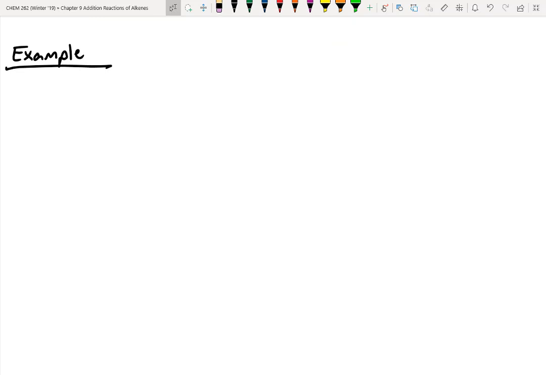Okay, so let's try this example. And I'm going to label all of my substituents carefully. I've got a methyl group, I've got a methyl group, I've got an ethyl group. And what I want to do is imagine this laying on its side. So let's say we've got this carbon-carbon bond right here. I've got an ethyl group sticking back.